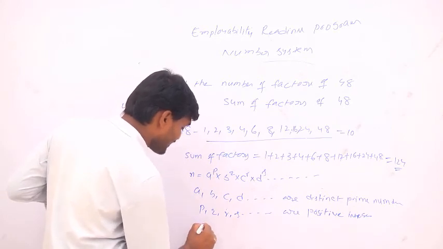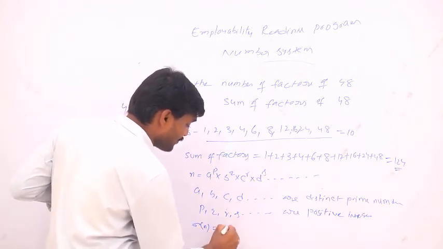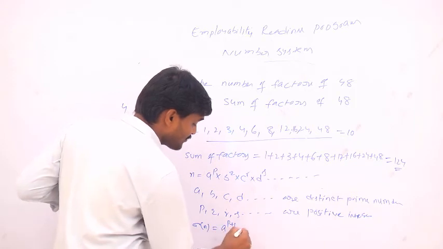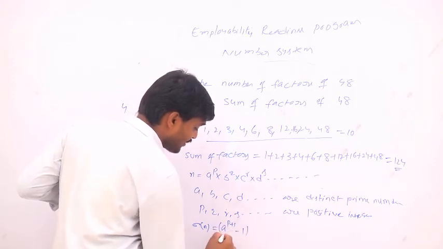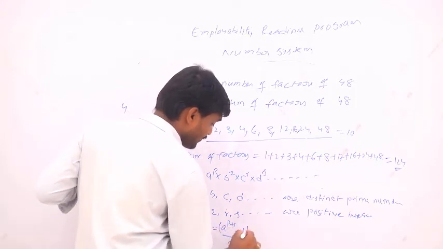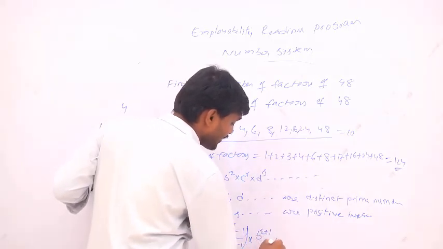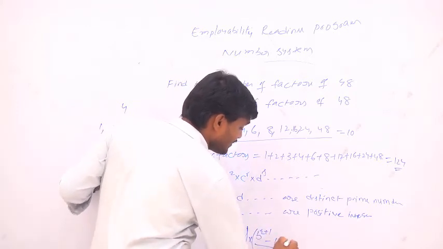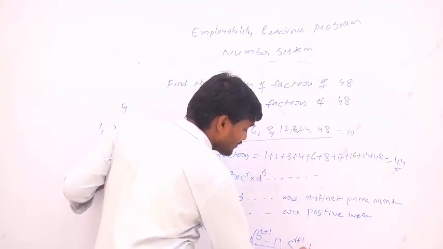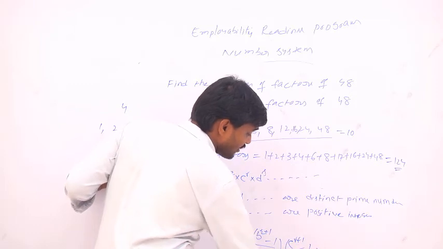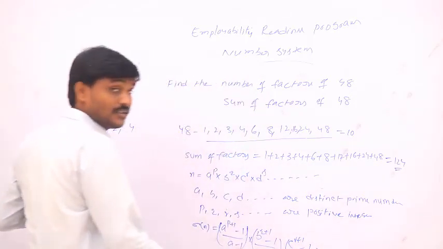First, the sum of factors: sigma n equals a power p plus 1 minus 1 by a minus 1, into b power q plus 1 minus 1 by b minus 1, into c power r plus 1 minus 1 by c minus 1, and so on.